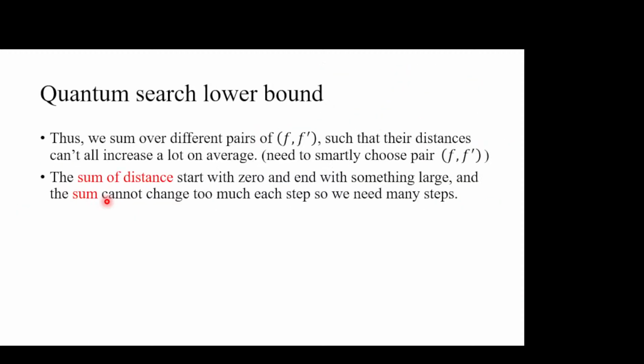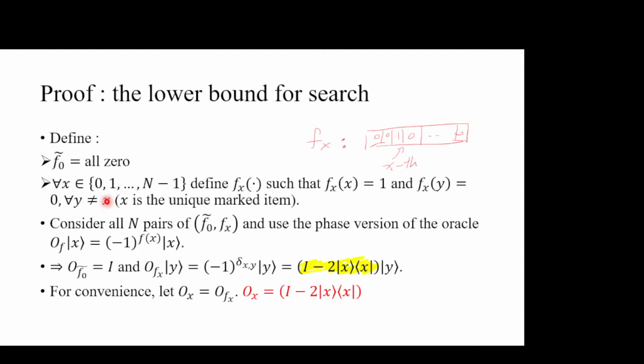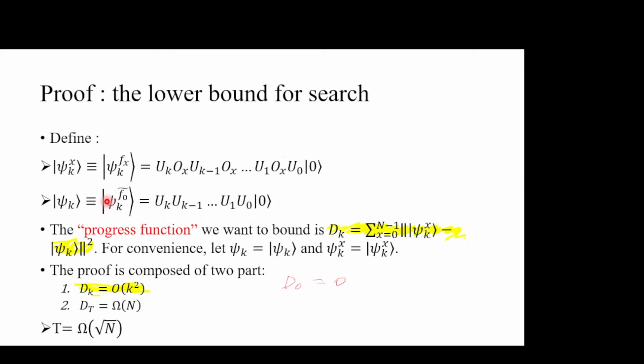And the way we show this is we track this progress measure, that is the summation of distances between pairs of states. Those states are the states of your algorithm.